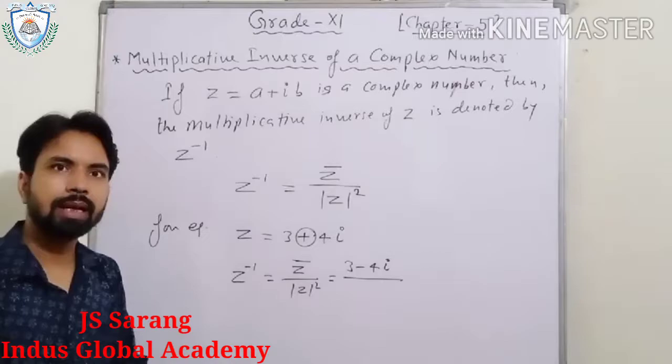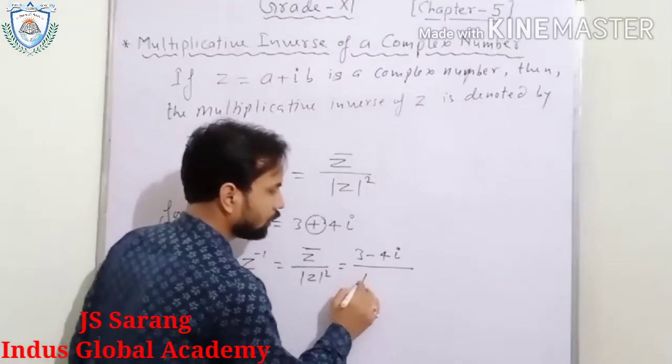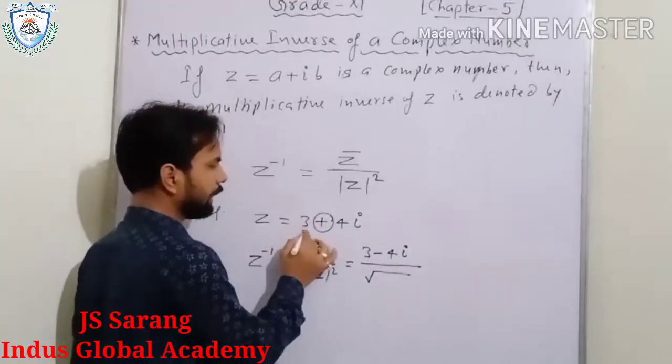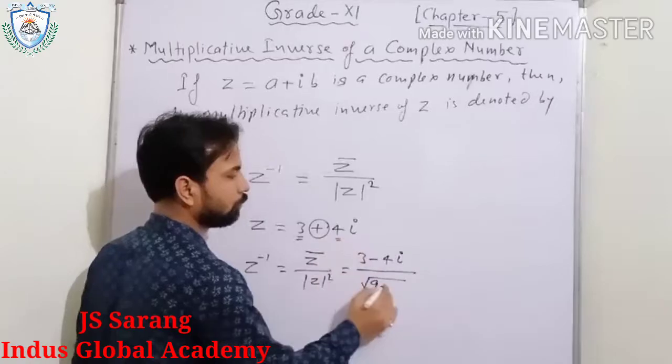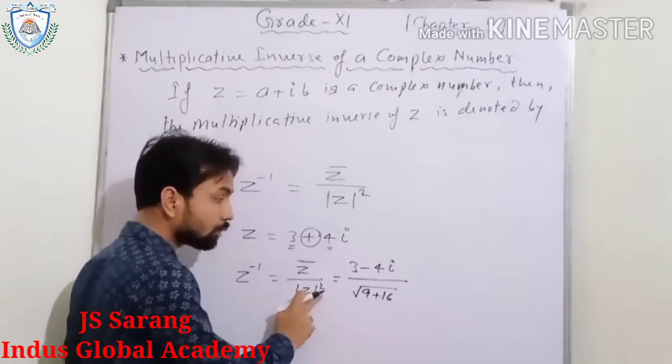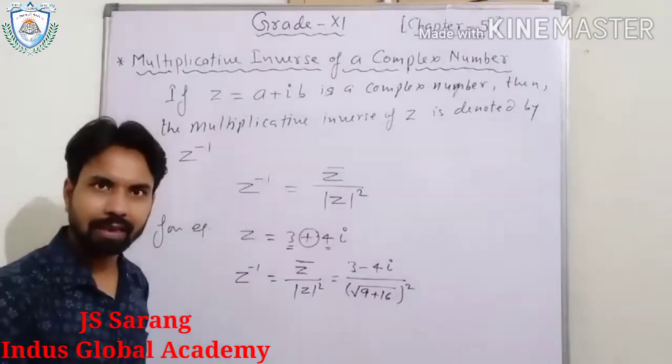So this is the z bar upon mod of z. I told you mod of z is equal to under root a square plus b square. So under root a square, what is a? A is 3, so 3 square is 9, plus b is 4, 4 square is 16. But here square is there, so mod of z whole square. Hope it is clear?